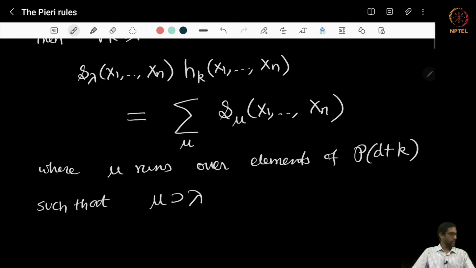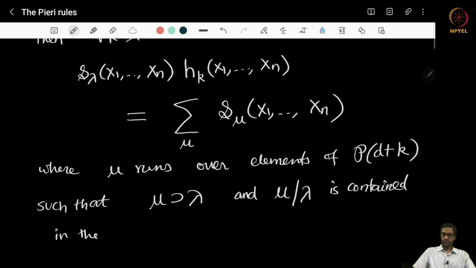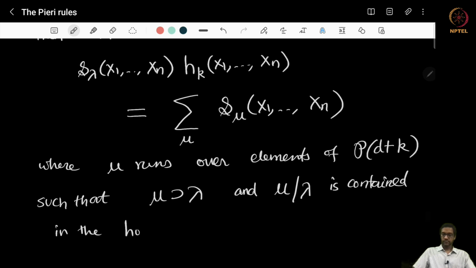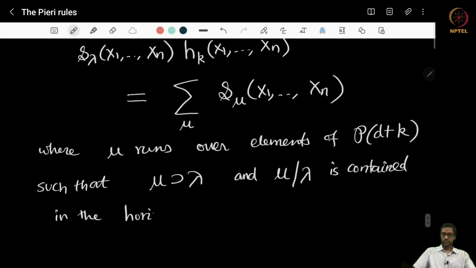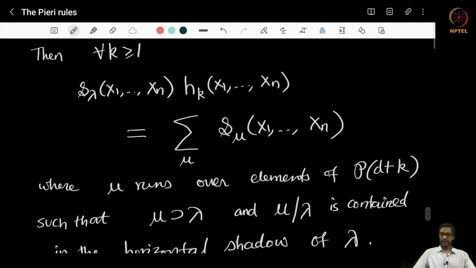The shape of mu contains lambda, and further the difference mu minus lambda is contained in the horizontal shadow of lambda.